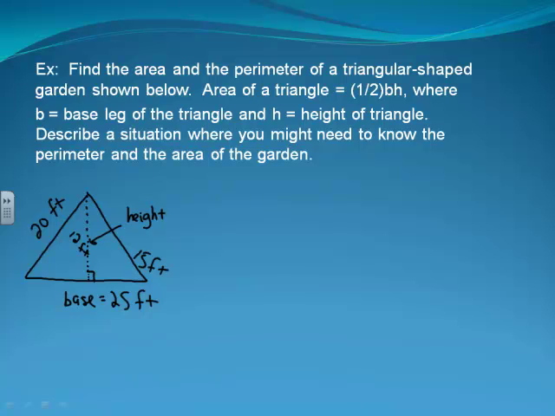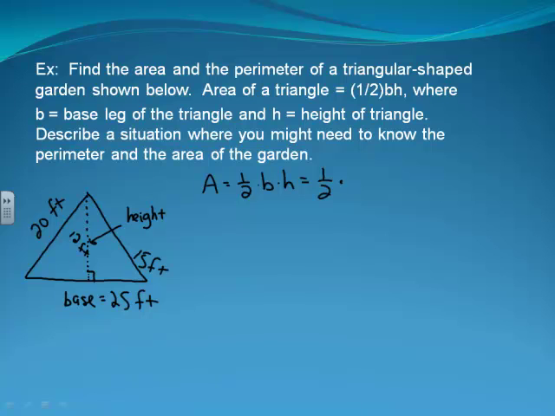Given that picture, we're going to calculate the area and the perimeter of that particular shape. Let's start with area. You know that area is equal to 1/2 times base times height. Therefore, you have to know the base and the height, which we do.